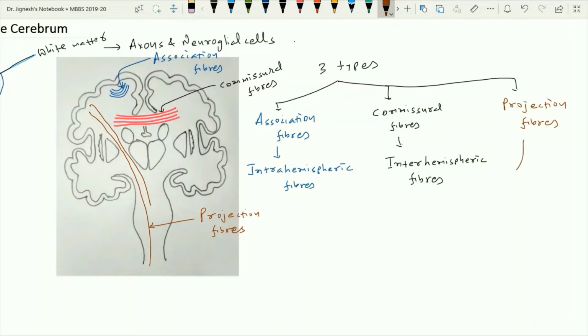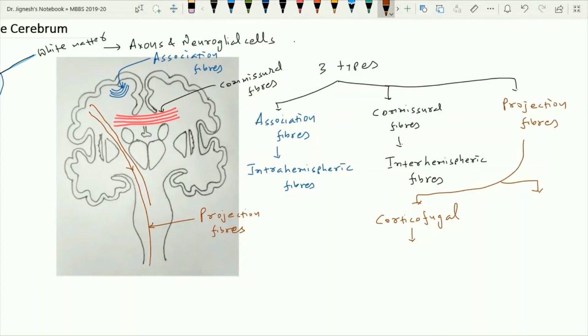This projection type of fibers may be of two types depending upon their connection. If the projection fibers go from the cerebral cortex to the subcortical area or to the spinal cord, they are called the corticofugal fibers.